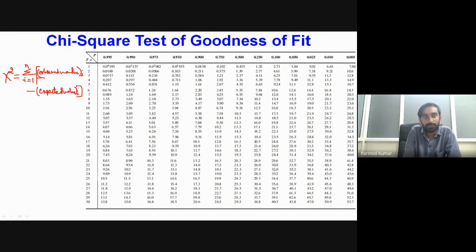This term is known as the chi-square value.